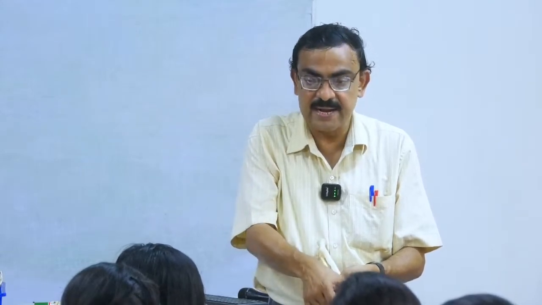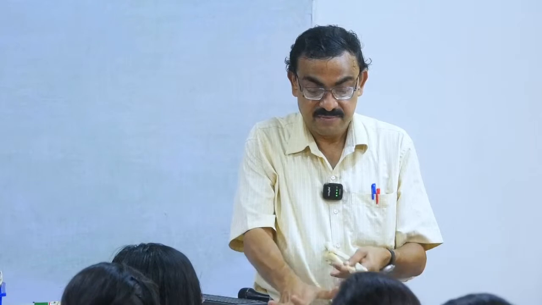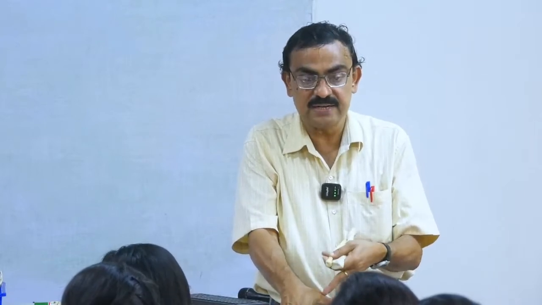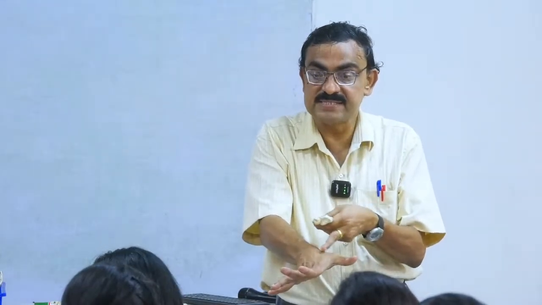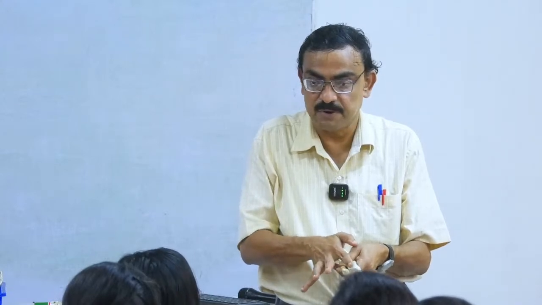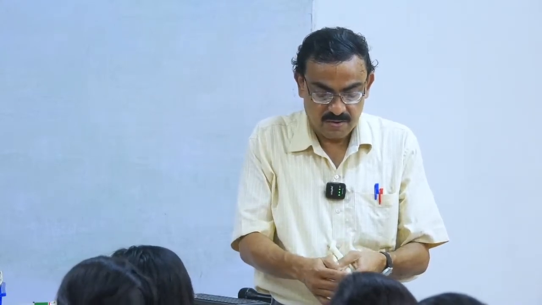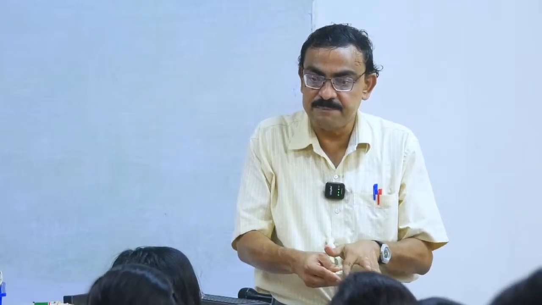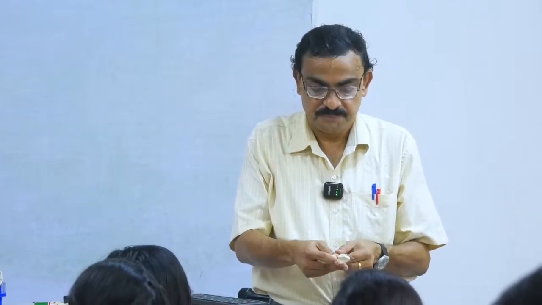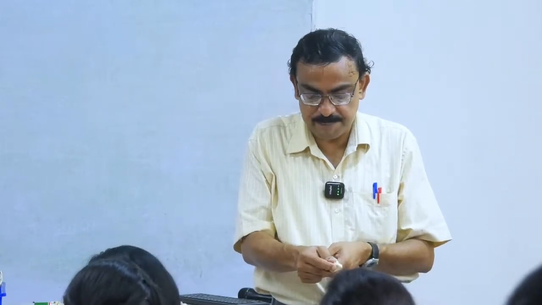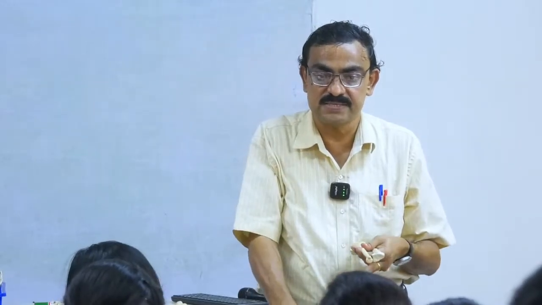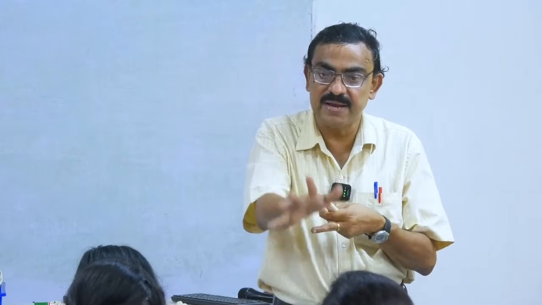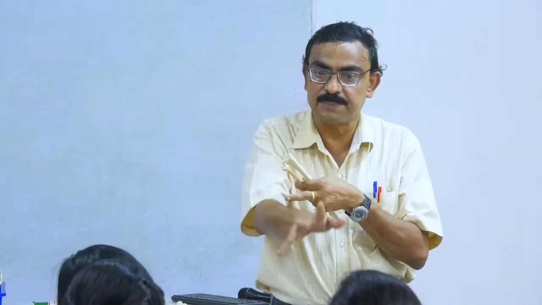Medial to that, we will get an impression of one tendon, that is the tendon which is inserted to the thumb, called the extensor pollicis longus. This is for the extensor pollicis longus. Lateral to it, we also get an impression. This impression is for extensor carpi radialis longus and brevis. There are two superficial extensors. One is extensor carpi radialis longus, one is extensor carpi radialis brevis.